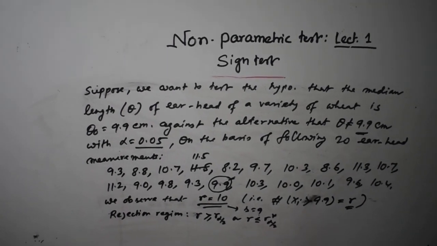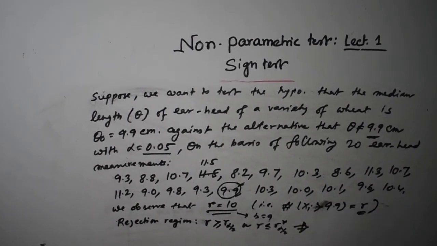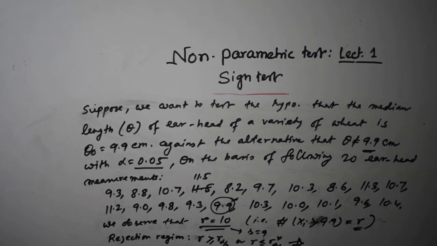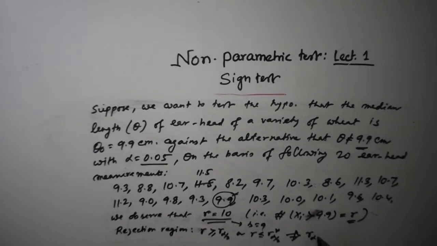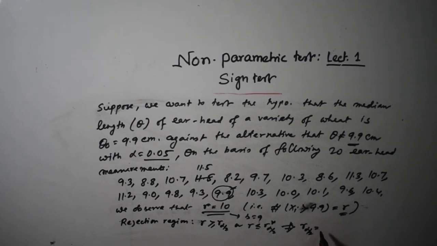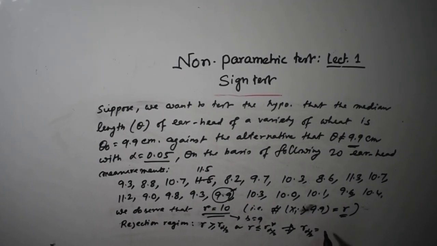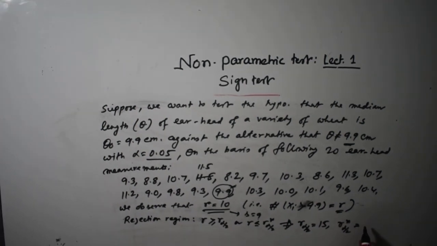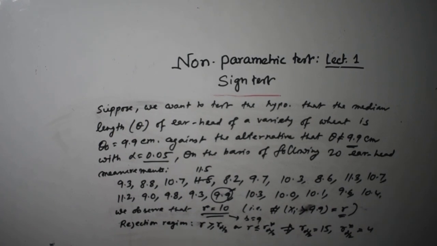Using R code, you find that R alpha by 2 is 15 and R star alpha by 2 is 4.